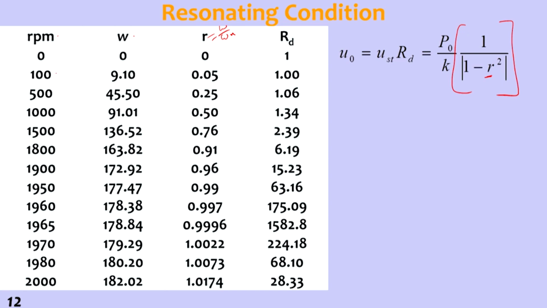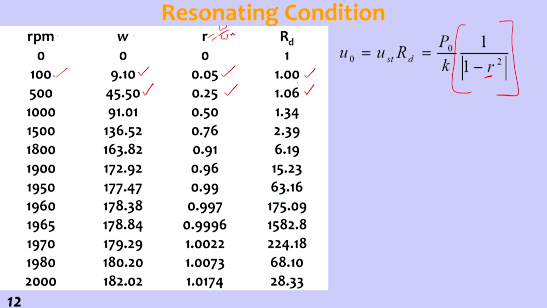Now when rpm slowly reaches 100 rpm, the forcing frequency is 9.1, the frequency ratio R is 0.05, and Rd is very near to 1. When it is increased to 500, omega is 45.5, the frequency ratio has increased a little, but Rd is still 1.